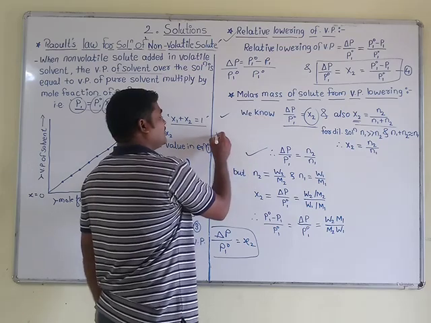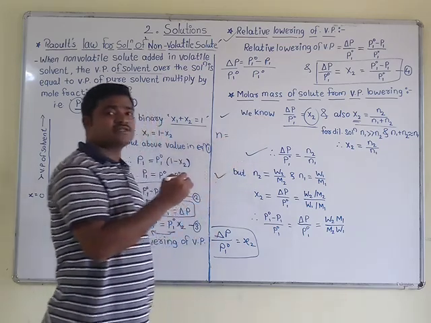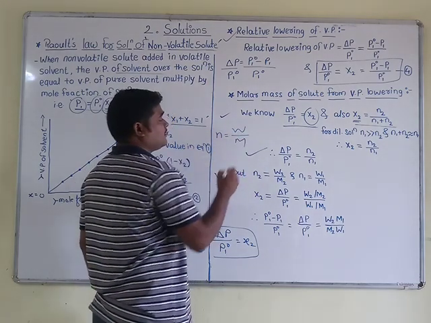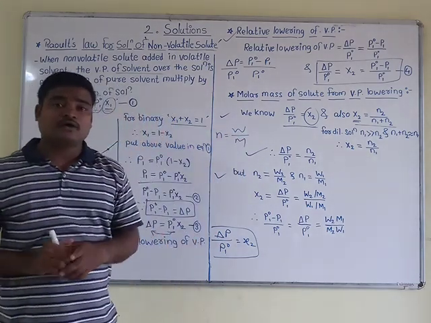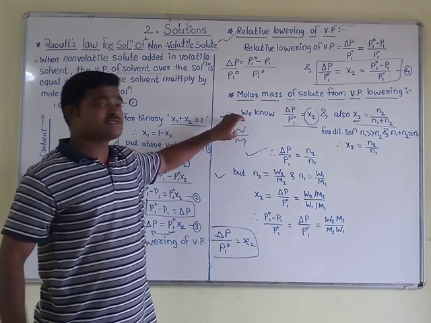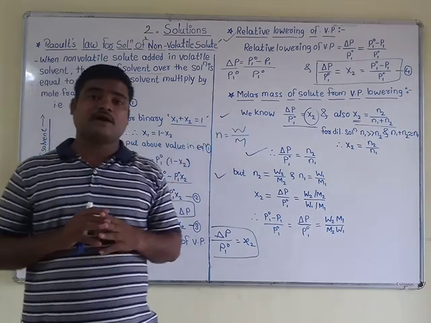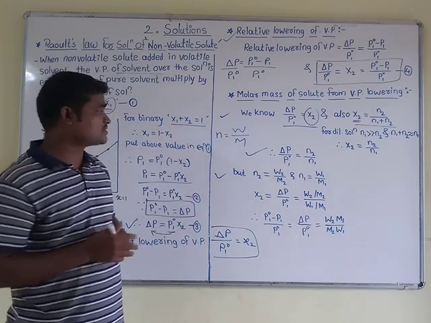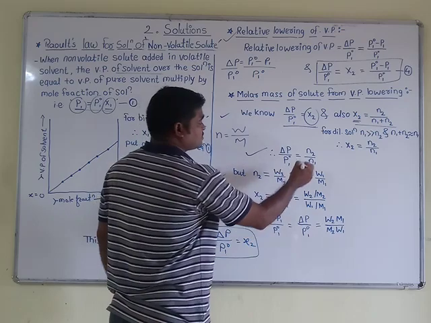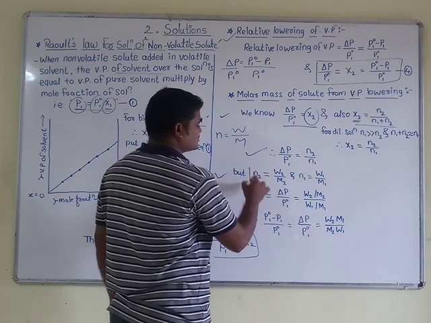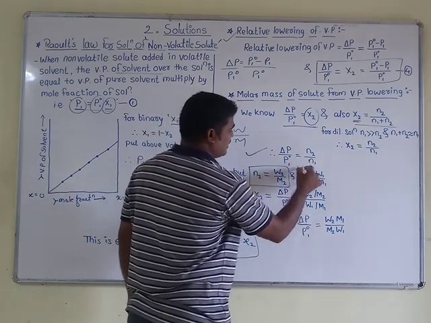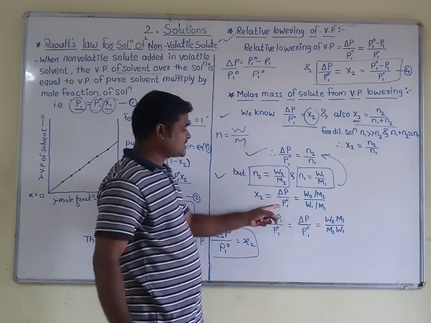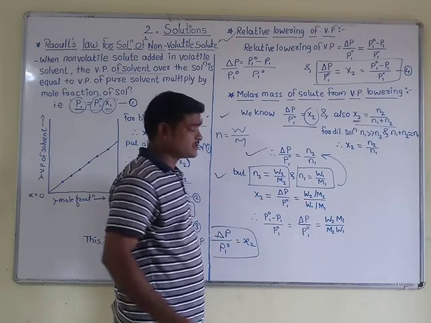As you know, the definition of the number of moles is N equal to W upon M, that is, the mass of that component divided by its molar mass. Here we have substituted the corresponding values of N2 and N1 in the above equation to get this modified equation.